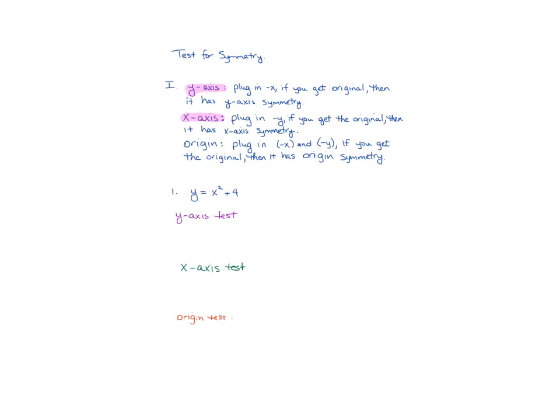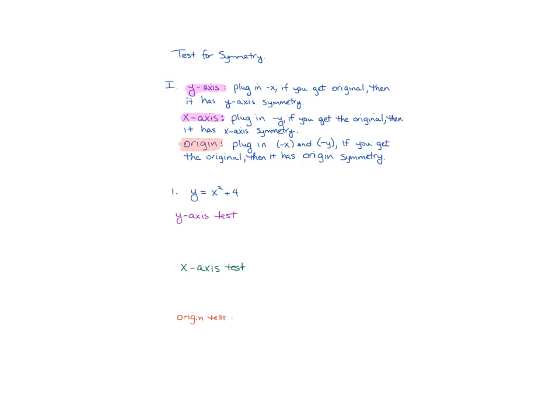For the test for symmetry, to see if it's going to be symmetric based on the y-axis, the x-axis, or the origin, there are rules that you have to follow. When you check for symmetry about the y-axis, you plug in negative x.